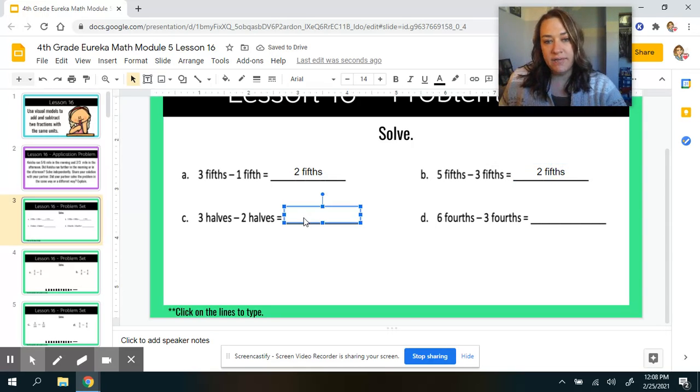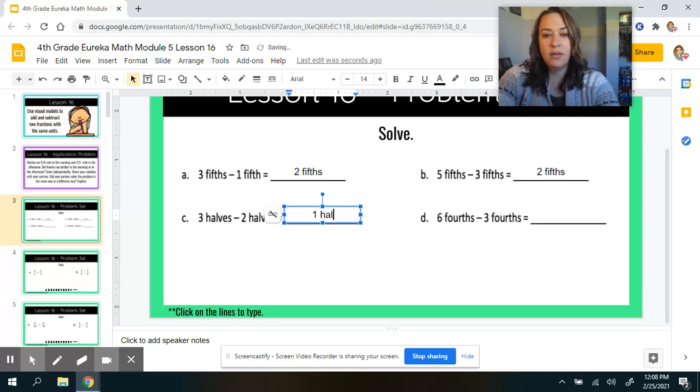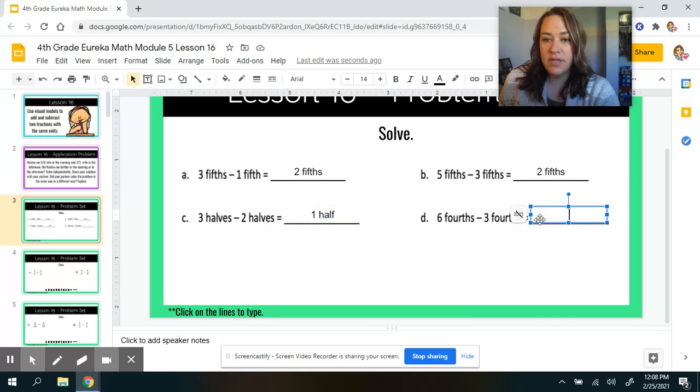3/2 minus 2/2. Halves, so our denominator is 2. 3 minus 2 is 1, so this is 1/2. Next, 6/4 minus 3/4. Fourths stay the same, so we're doing 6 minus 3. 6 minus 3 is 3, and my fourths stay there, so it's 3/4.